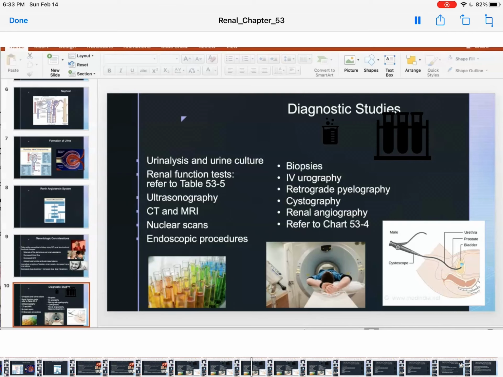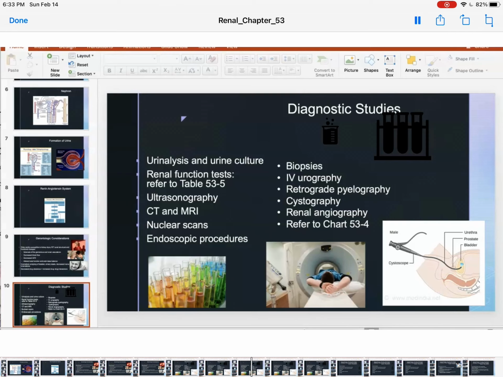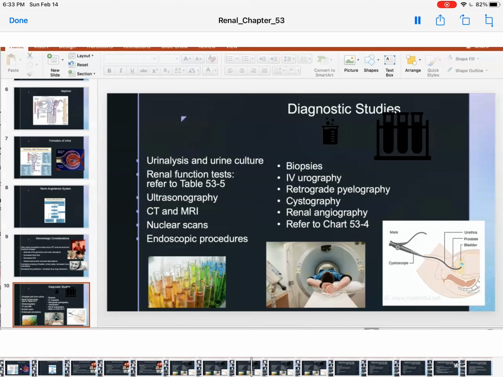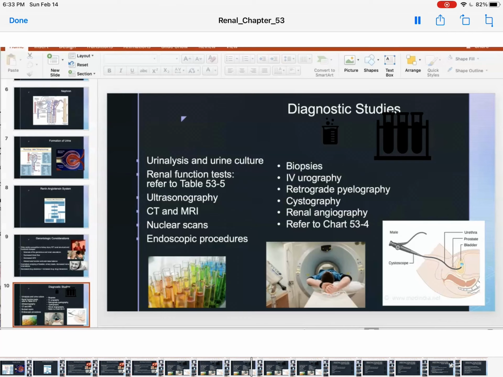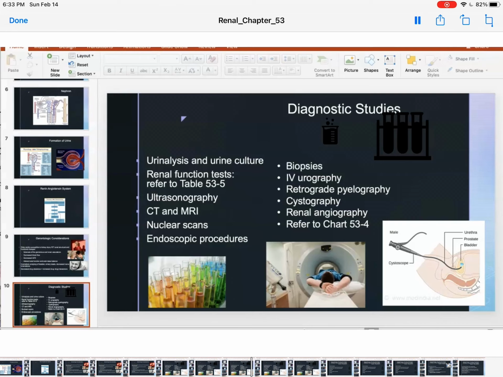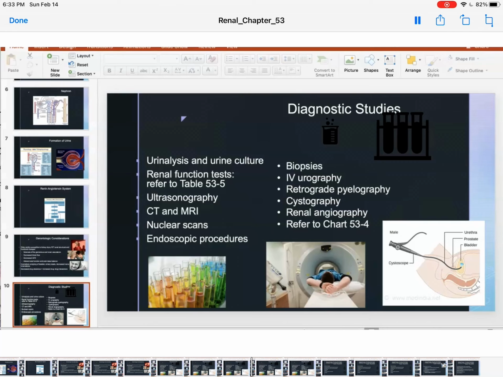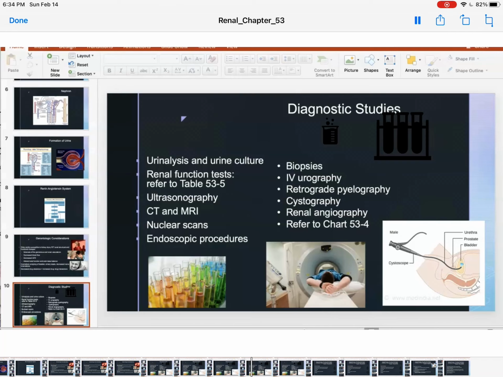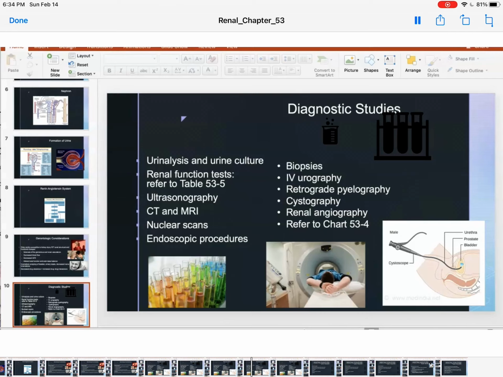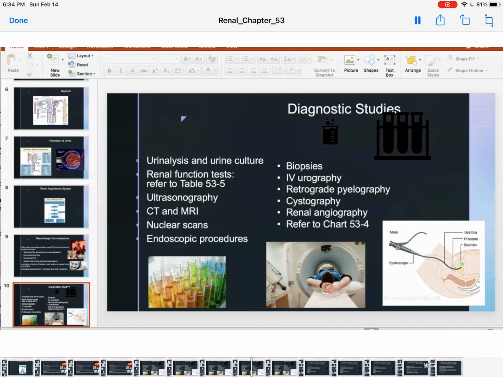There are other nuclear scans, endoscopic procedures, which are more internal, biopsies, which are sent out, IV urography, retrograde pyelography, cystographies, which are more pictures and views, renal angiography, and then a lot of the other ones you can see on chart 53-4. 53-5 also has some tests, and it will explain the purpose and the normal values of the 24-hour urine, which detects and evaluates progression of kidney disease.